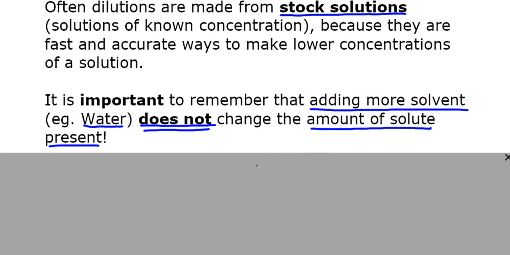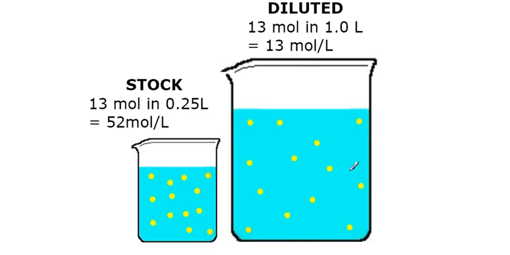Visually, if you're trying to see what that means, let's take a look at a diagram. Imagine you have two beakers, a small 250 milliliter beaker and a large beaker that's 1,000 milliliters or a liter.